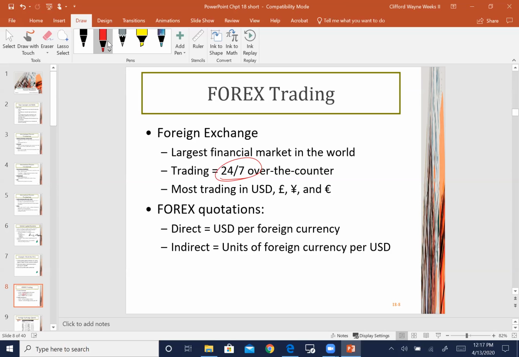There are different ways these foreign currency exchange rates are stated. There's the direct, which is the U.S. dollar per the foreign currency, or the indirect, the foreign currency per the U.S. dollar. Let me stop sharing this with you, and I want to share something else.